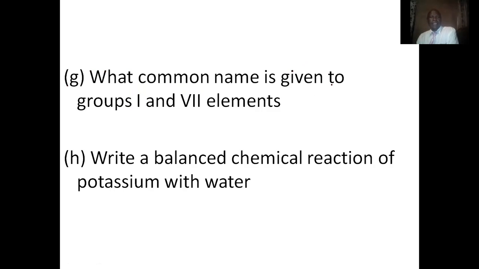Write a balanced chemical reaction of potassium with water.